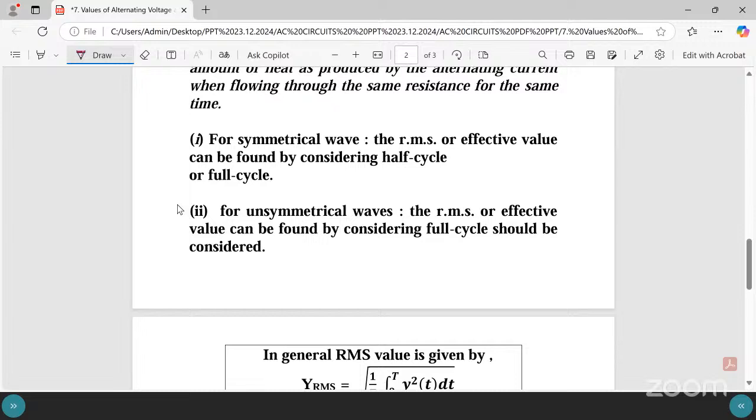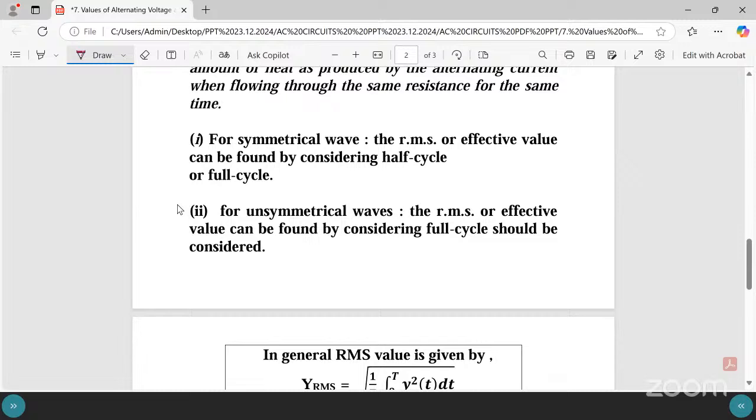Now, for symmetrical, the RMS value can be found by considering half cycle or full cycle. If it is symmetrical, you can take pi or 2 pi, your wish. For unsymmetrical, the RMS value should be found considering the full cycle.